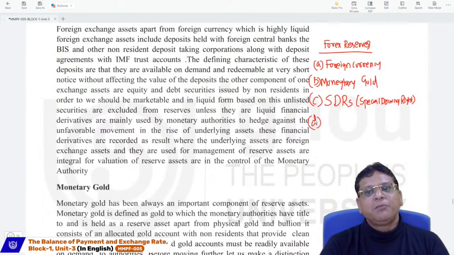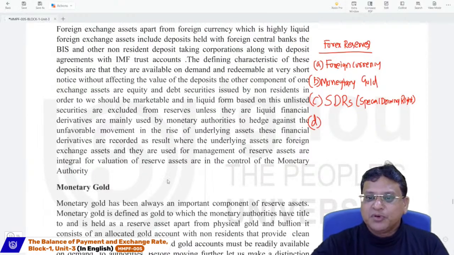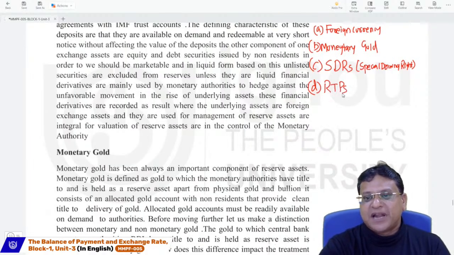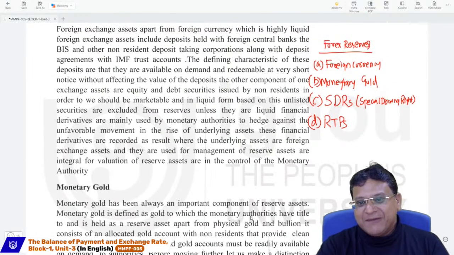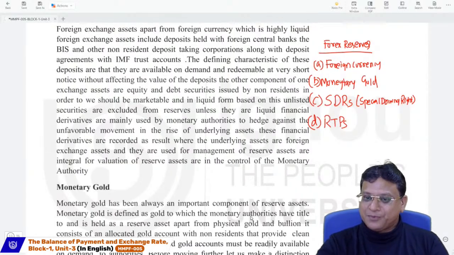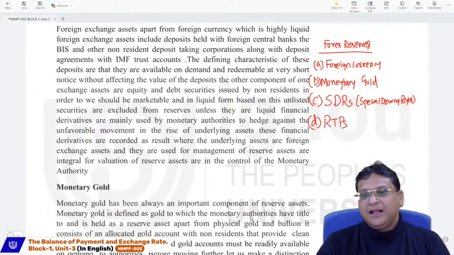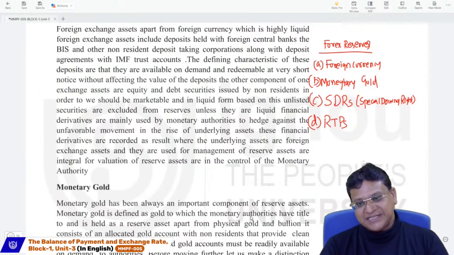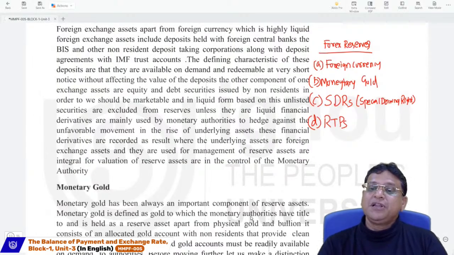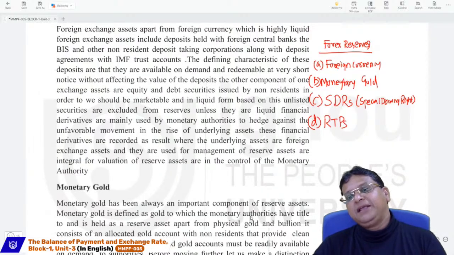Next, the fourth form of forex reserves is reserve tranche positions, RTPs. What are reserve tranche positions? We know that each and every country contributes something to the IMF, and the IMF contribution, the quota, is of two parts. 25% of the quota is to be paid in SDRs or foreign currency, and the other 75% you can pay through different combinations of gold or your own currency.